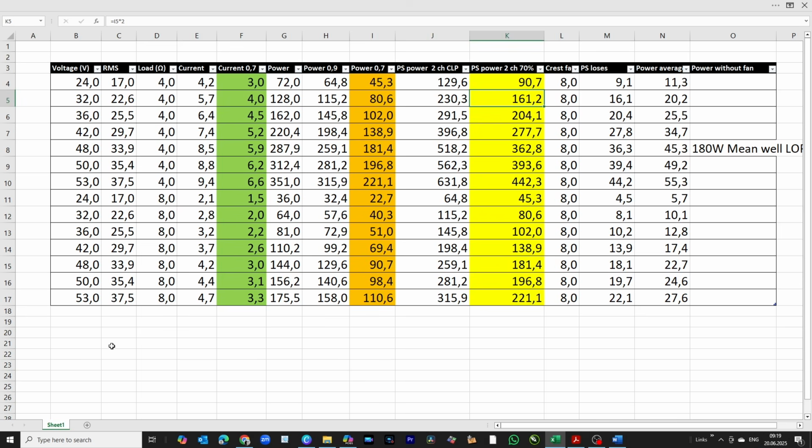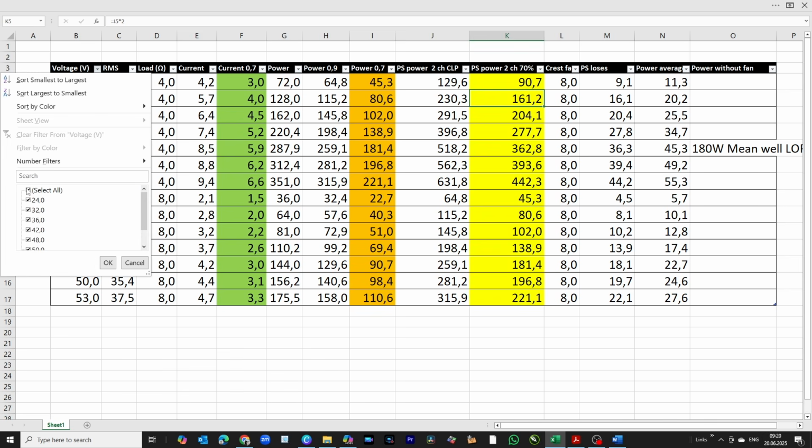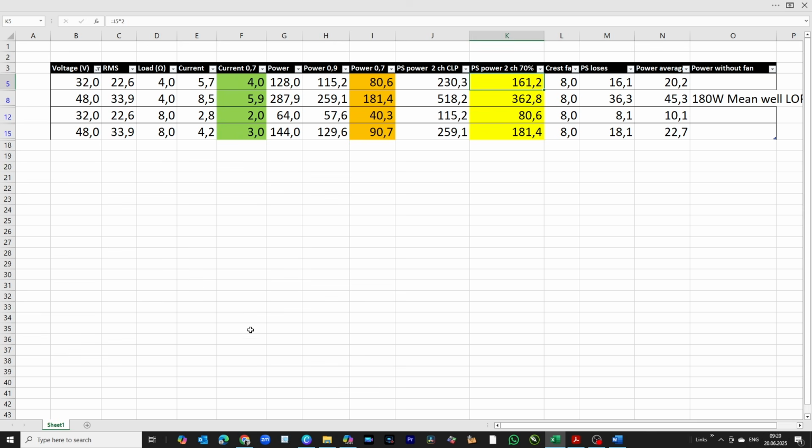Here I did basic calculations for our power supply choices, and we will look at the two popular scenarios: a 32 volt power supply, which I have seen, and a 48 volt power supply, for 4 ohms and for 8 ohms. Let's look at this table. Here we have the power supply voltage, and typically 32 volt power supplies are rated at 5 amps.